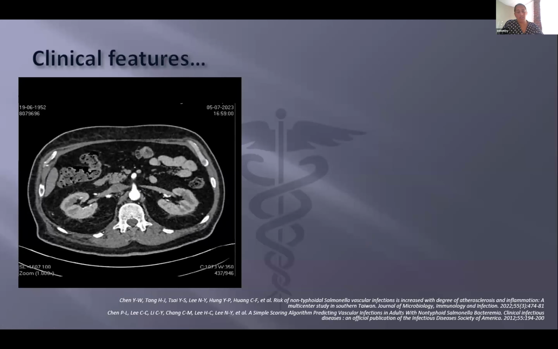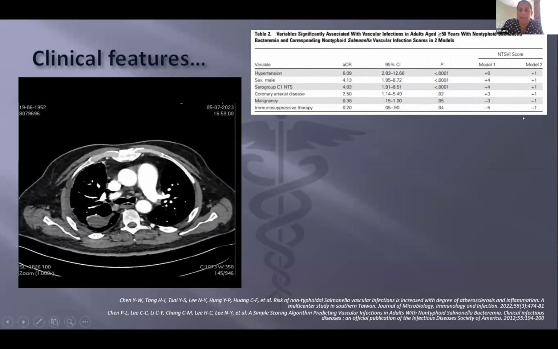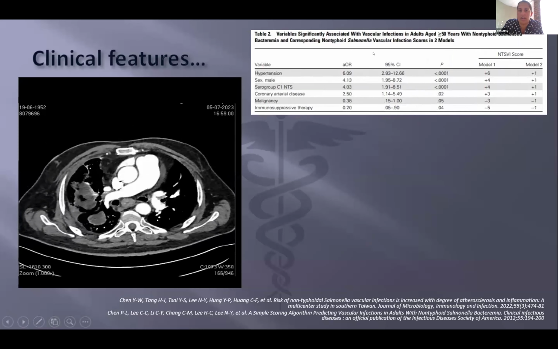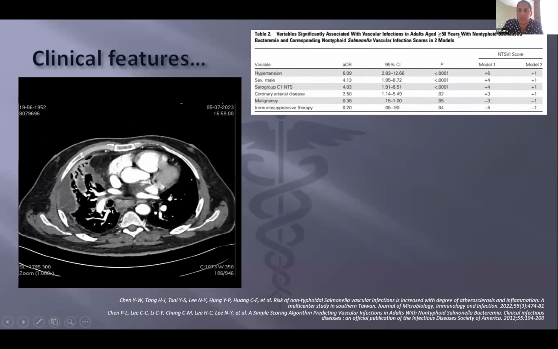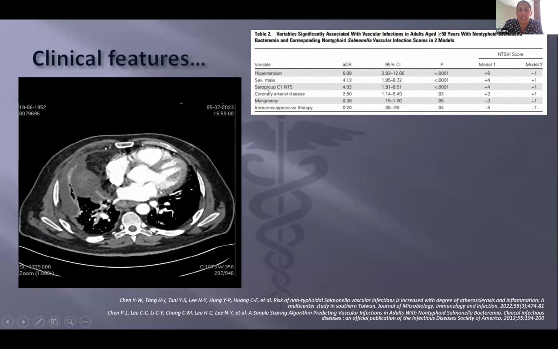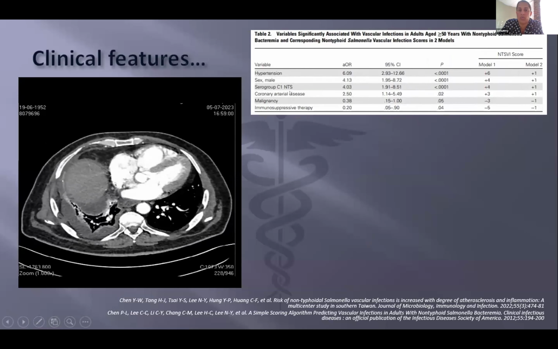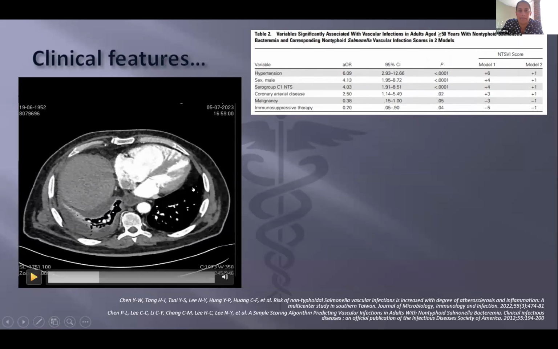So how do you figure out which patients are at risk? They have come up with this non-typhoidal salmonella vascular infection score, which looks at hypertension, male gender, serogroup C1 NTS, and coronary arterial disease as risk factors.